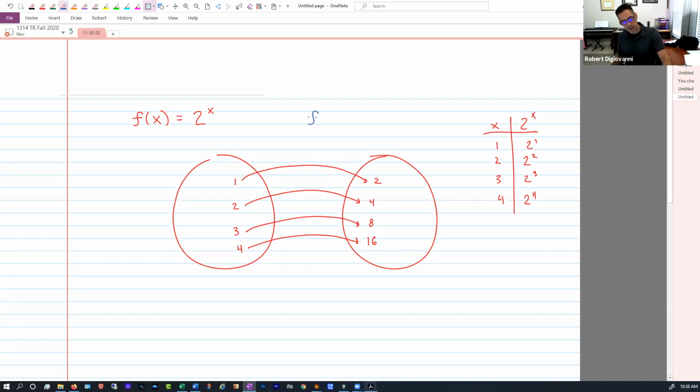So, can anybody think of something that would undo this? That would take 16 back to 4, 8 back to 3, 4 back to 2, 2 back to 1. Well, if you think about that, trying to go backwards, it's not easy.